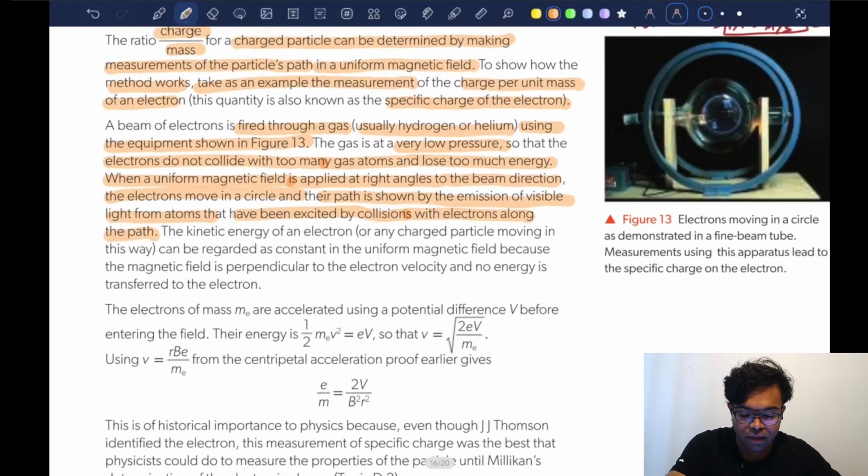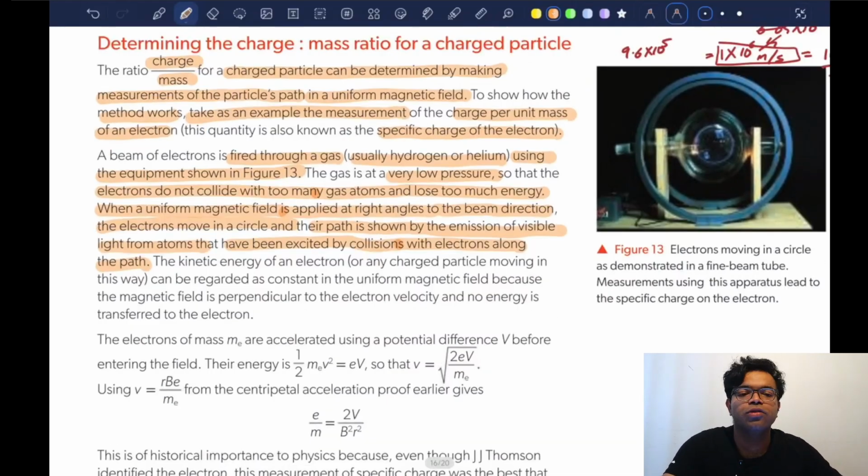What have we done? We have fired a beam of electrons in the gaseous helium. When the electrons hit the helium atoms, what ends up happening? They transfer some energy from the electron to the helium atom. Thus, the helium atom's electrons get excited.